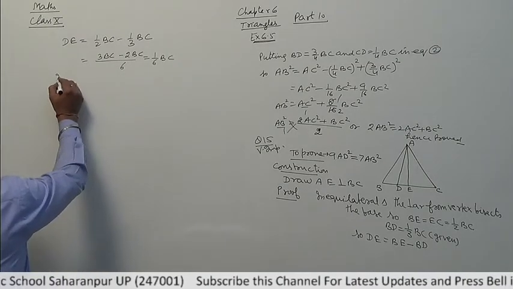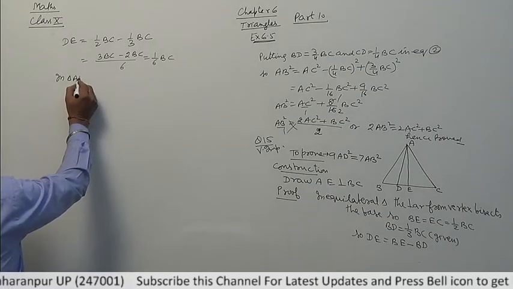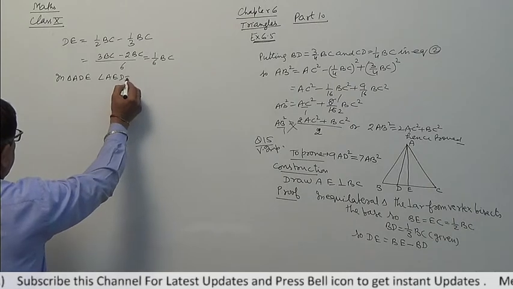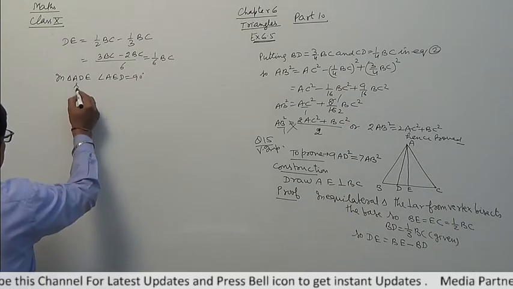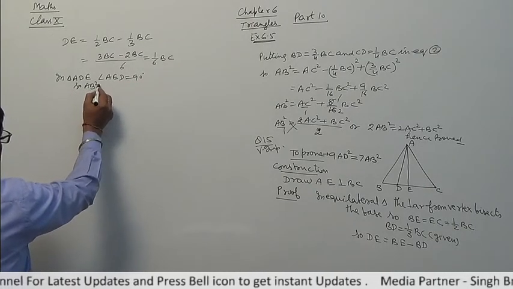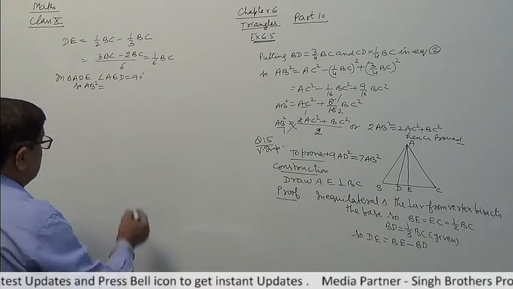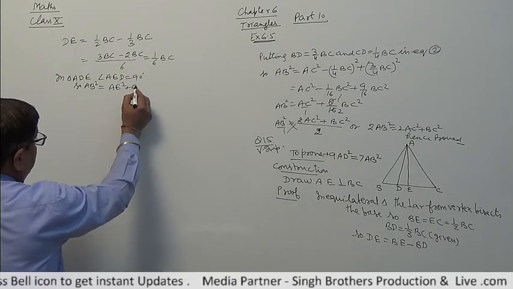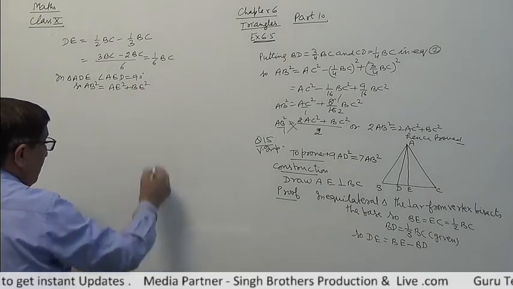In triangle ABE, angle AED is 90 degrees, so AB square is equal to AE square plus BE square.